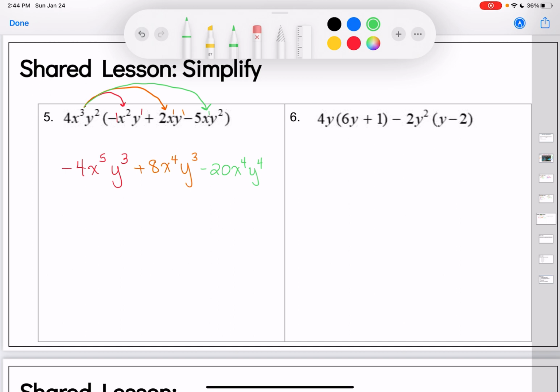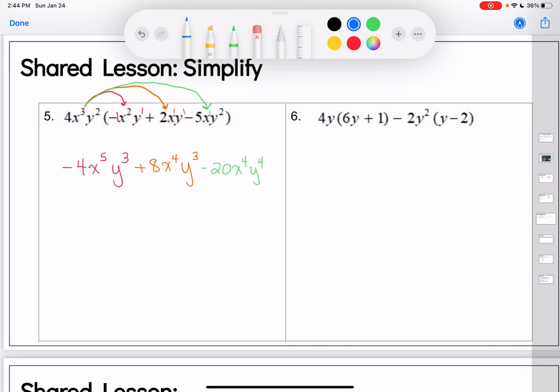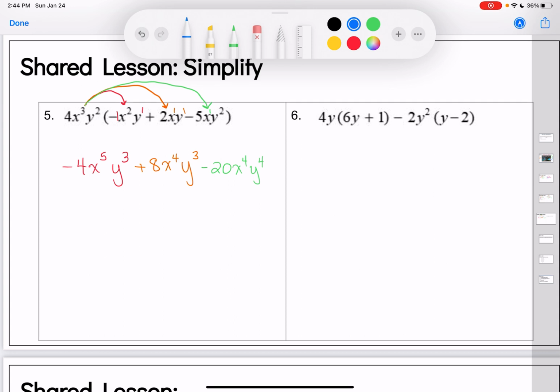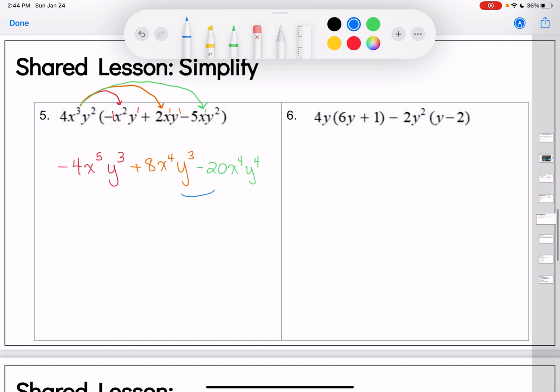All right, let's just double check for our standard form. I see 5 plus 3, my first term has a degree of 8. 4 plus 3, my second term has a degree of 7. 4 plus 4, my third term has a degree of 8. So I do have to switch the order of these two terms to be in standard form. I can leave my negative 4x to the 5th, y to the 3rd at the beginning.